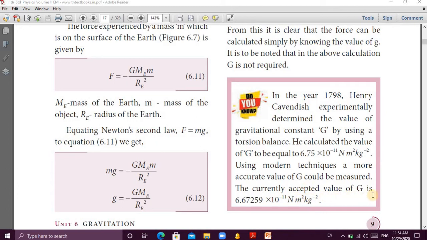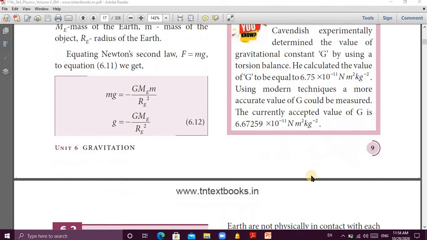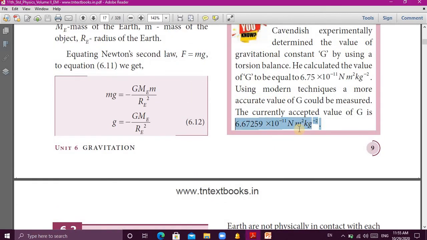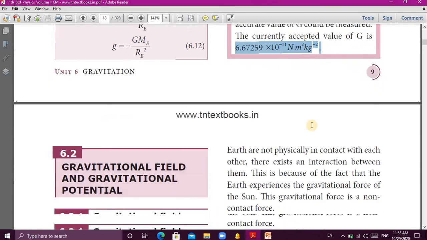The currently accepted value of capital G is 6.67259 into 10 power minus 11 Newton meter square per kilogram square. So this is a very important value, children. Please note it down. This is the value for gravitational constant capital G, 6.67259 into 10 power minus 11 Newton meter square per kilogram square.